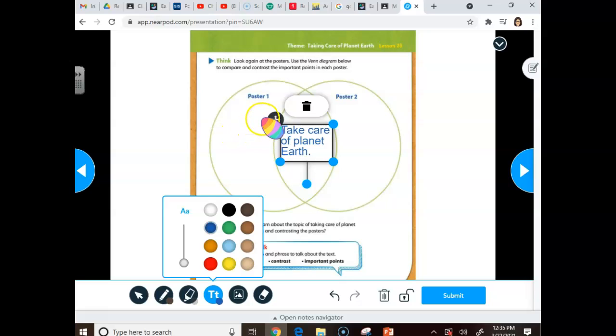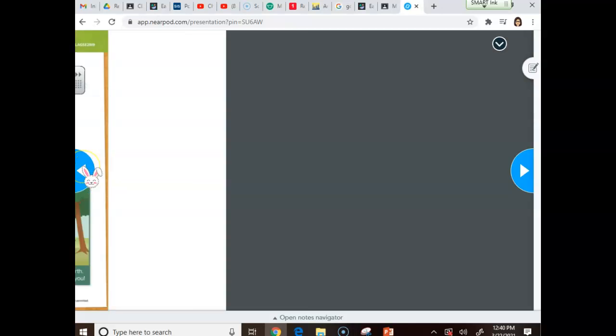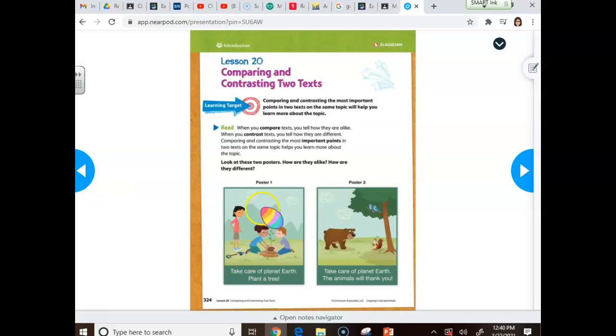All right, now, what is a way that poster 1 is different? So how is poster 1 different from poster 2? Let's go back and look. All right, look at poster 1 and poster 2. How are they different?